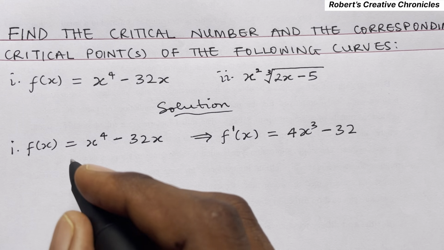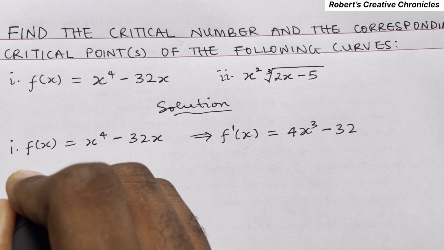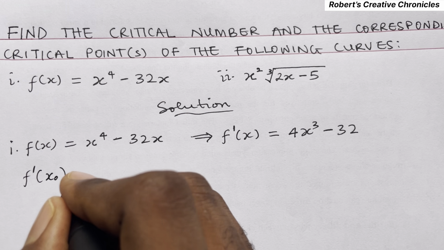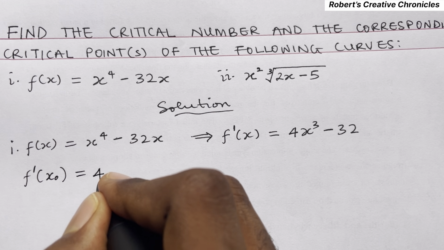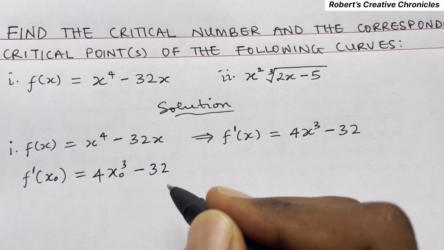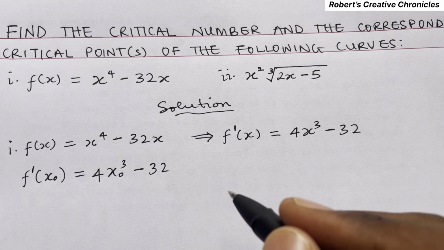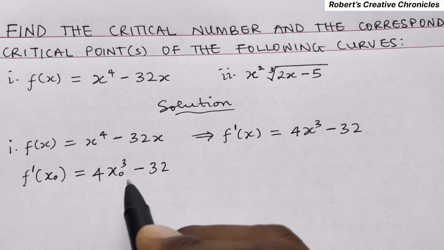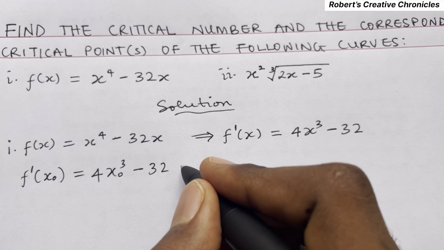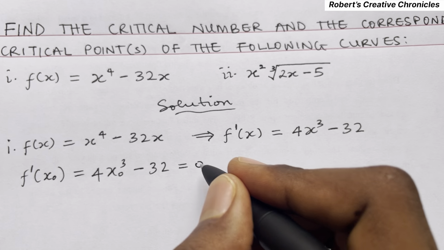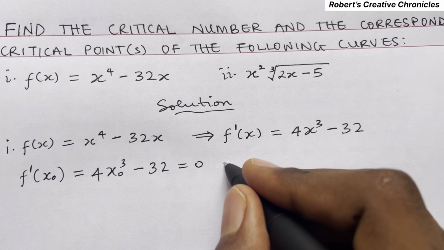So we say f prime of x naught is equal to 4x naught cubed minus 32. Now we are going to equate this derivative to 0, in other words, we are going to solve the equation. So we'll say this is equal to 0. Now we'll solve this equation.